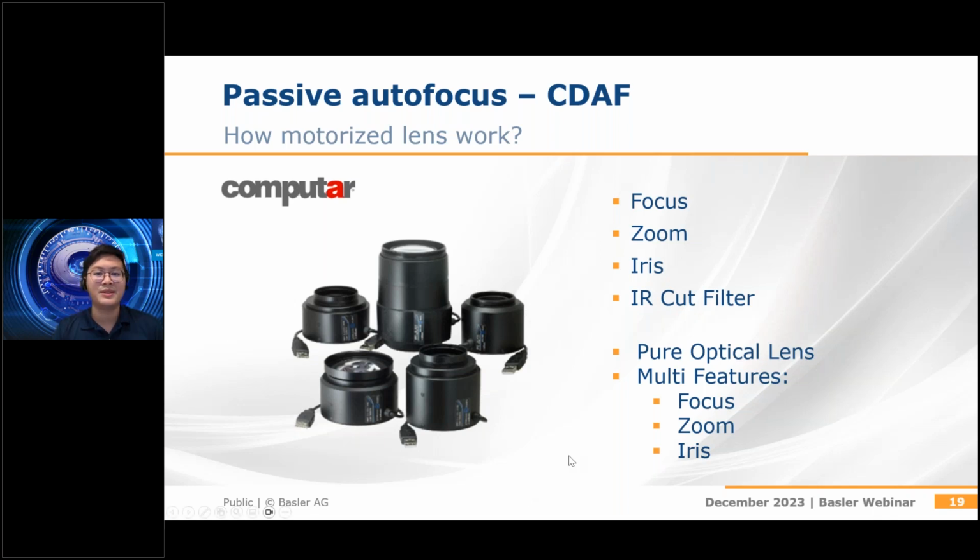This is a pure optical lens. Unlike the liquid lens that we mentioned just now, you can just attach this lens by itself to the camera, whereas the liquid lens is actually an augmentation to your fixed focal lens.